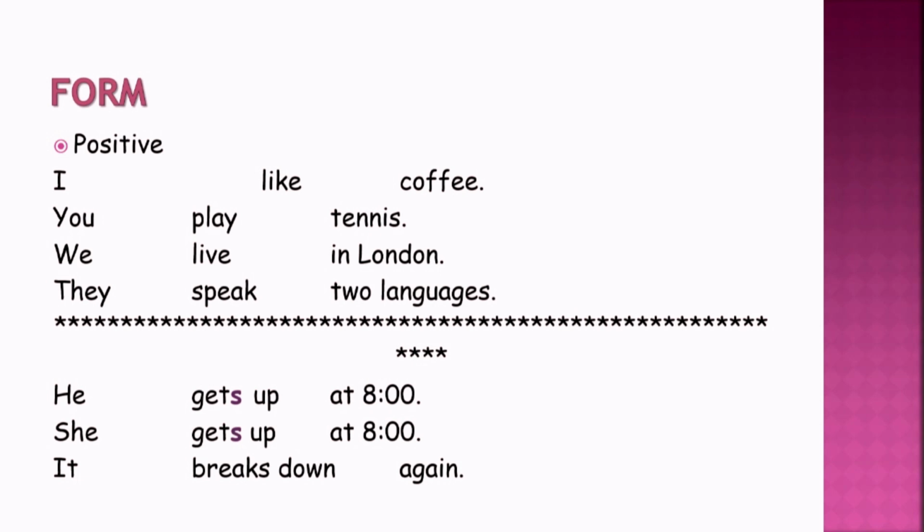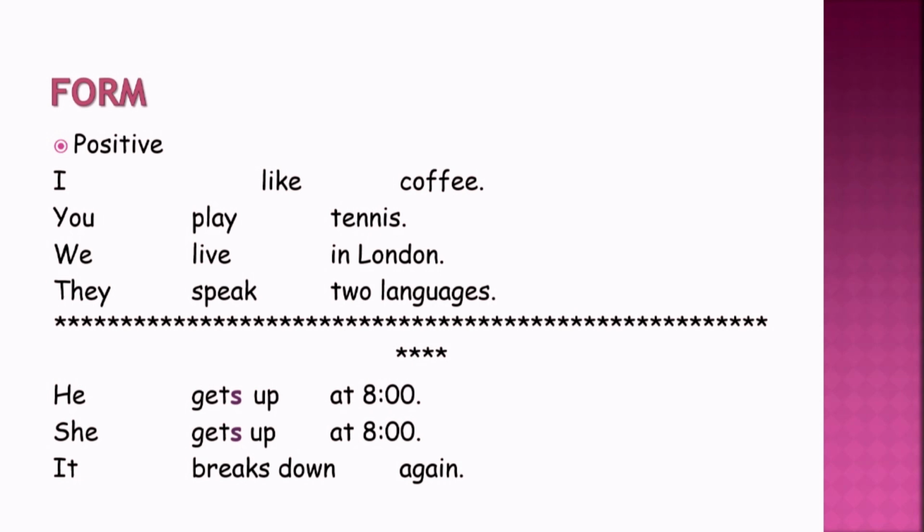And the second person, which is you, whether it is singular or plural. For example, when we say you play tennis, here you, whether singular or plural, in both cases is second person. Its verb should be in its base form.